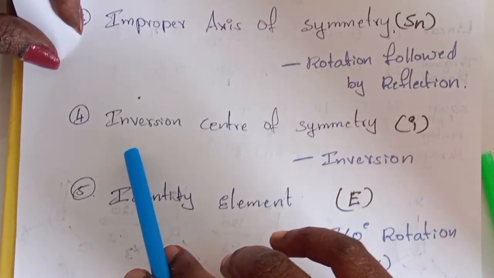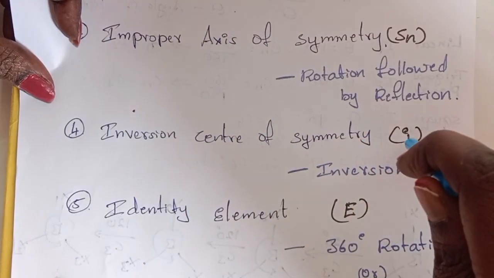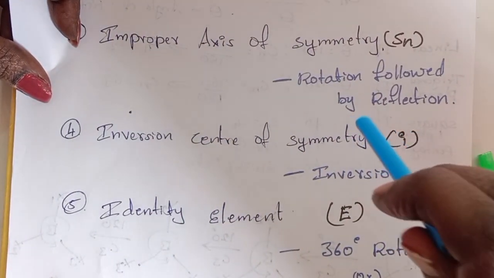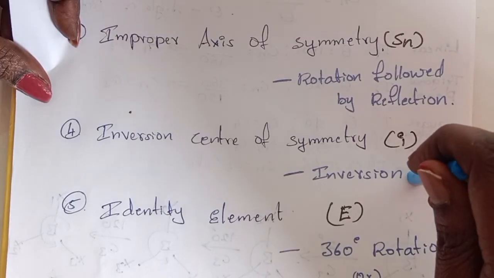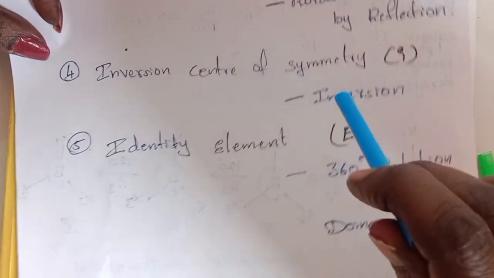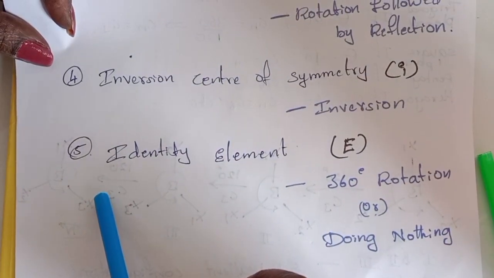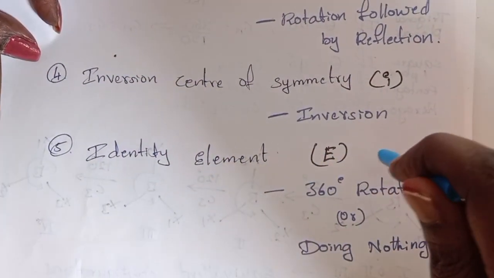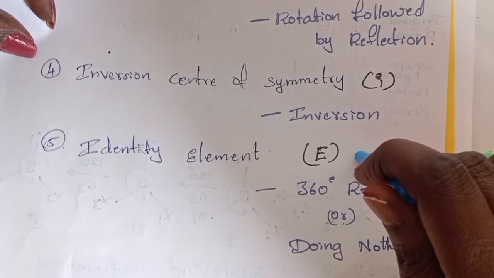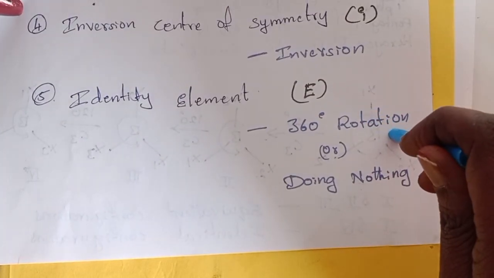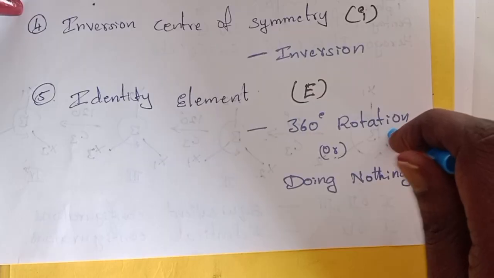The fourth symmetry element is the inversion center of symmetry, represented with i, and the symmetry operation is inversion. By doing the inversion operation, we get this symmetry element. The fifth symmetry element is the identity element. This can be represented with E, and it can be generated by doing a 360 degrees rotation or doing nothing on the molecule.